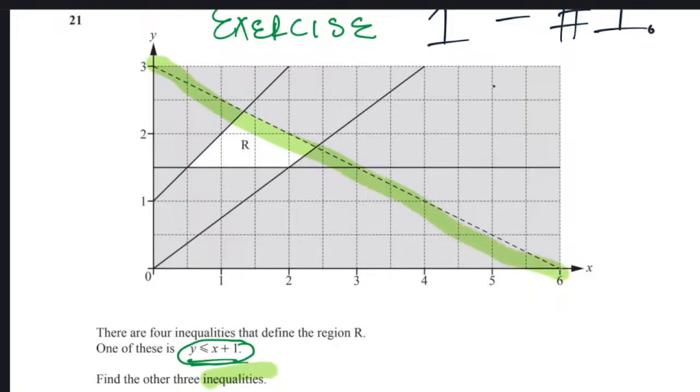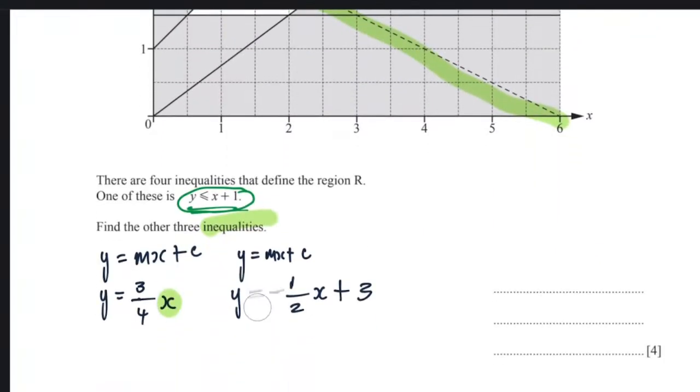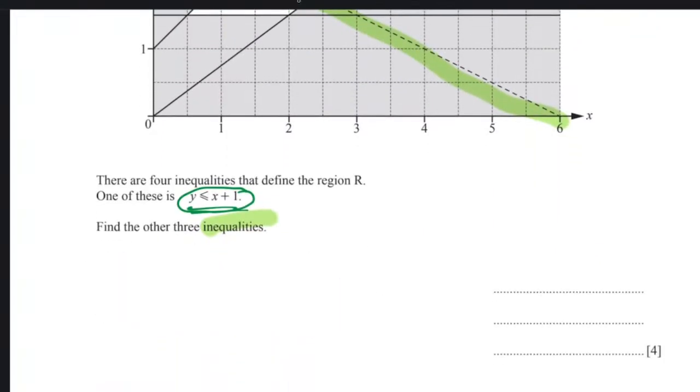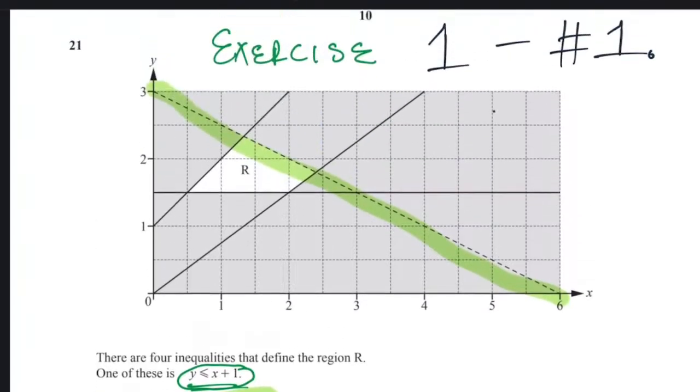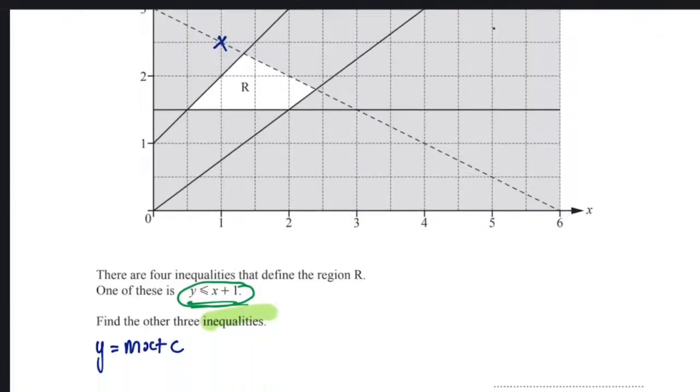But the first thing I'm going to write is y is equal to mx plus c. Then to find m, I will pick a nice point on that particular line. Then I will see how many steps. For this one which is facing downwards, you already know you start with a negative.